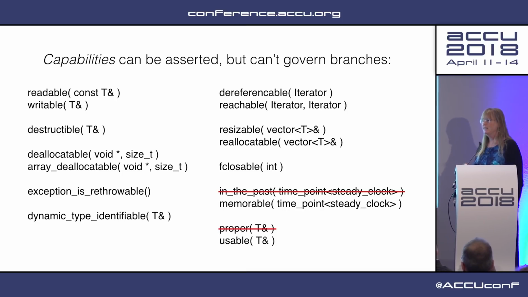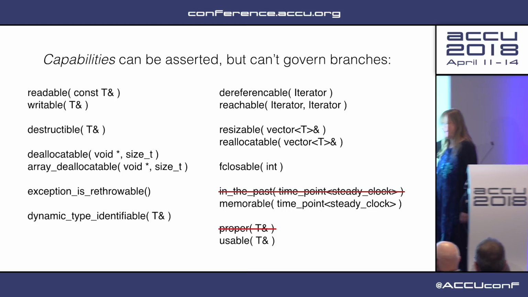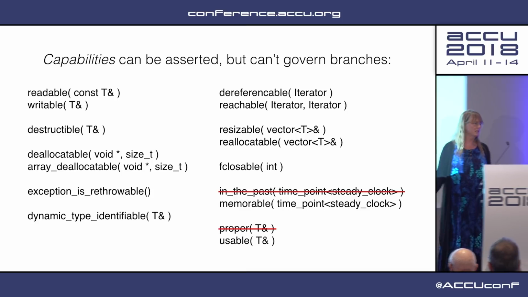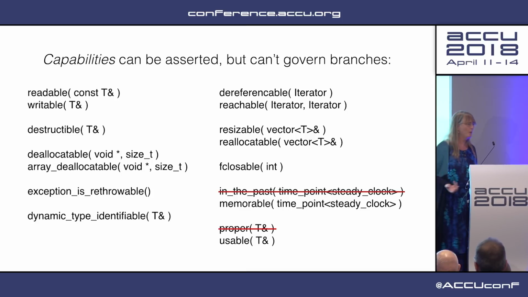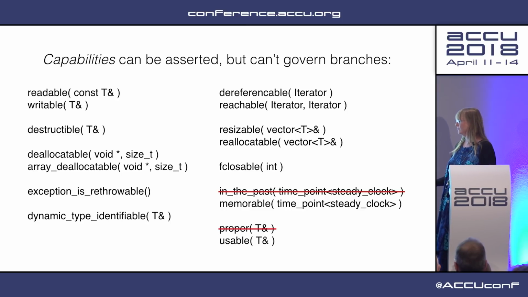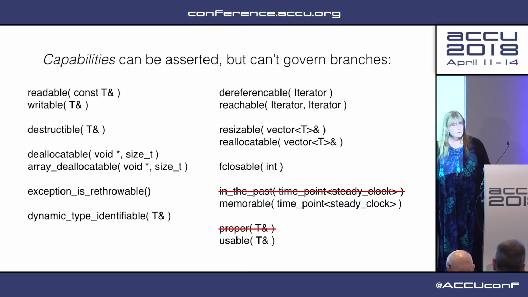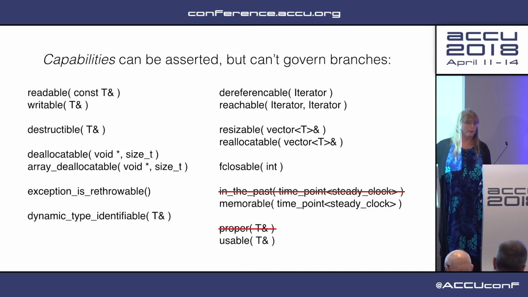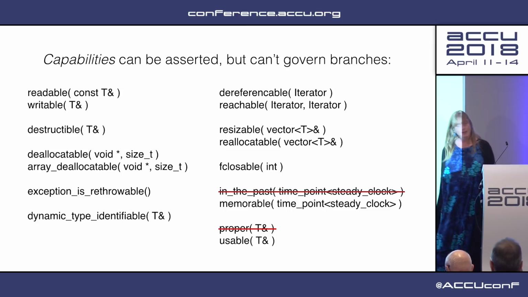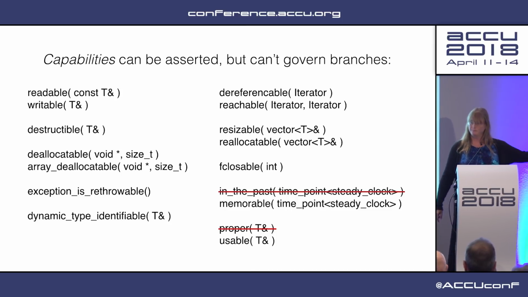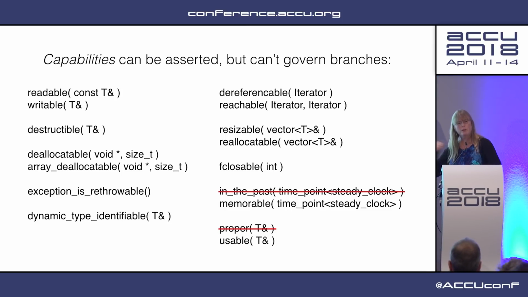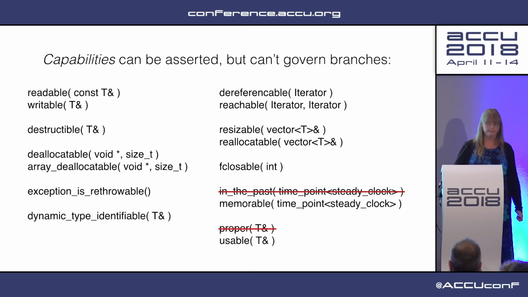These all indicate things you can do because they can be preconditions to functions, and that's kind of how we know they're interesting, is that they are preconditions to functions. By the way, I like usable. I think usable is probably a better word than proper. So an object is usable if the usual assertions for its CV qualified type hold.